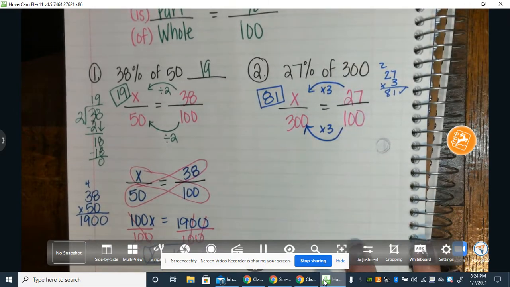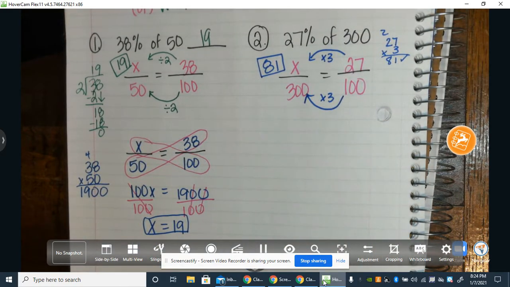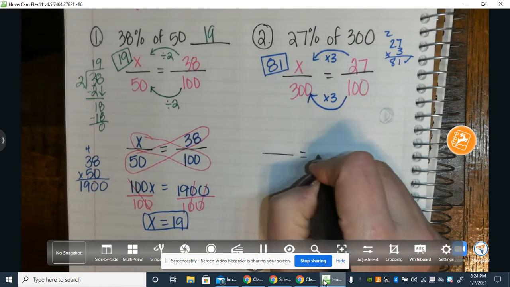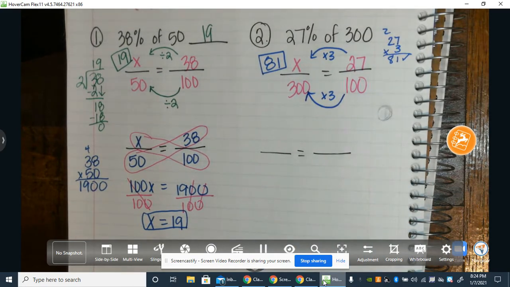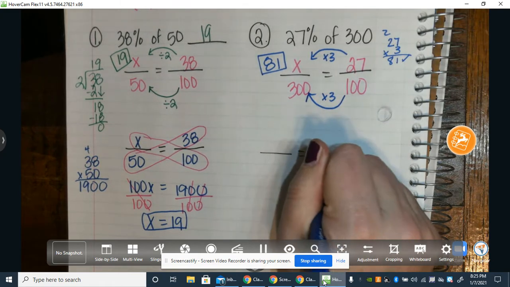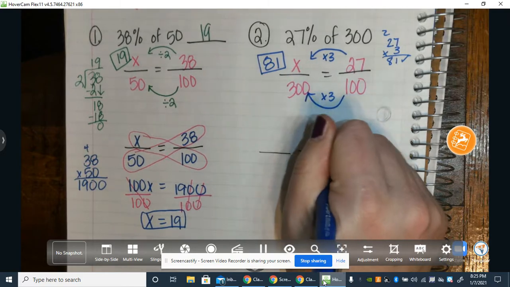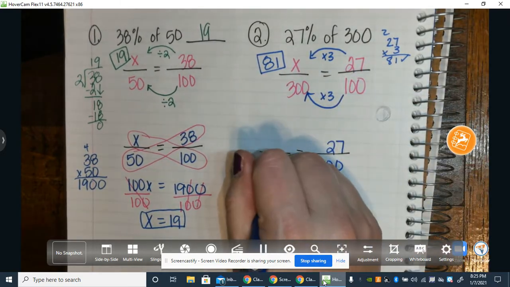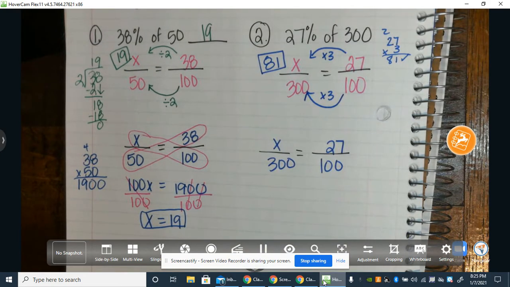Okay, now I'm going to do the cross multiply and divide method and see if it still will come up as 81. So again, I'm starting out, setting up my proportion. I've got 100, always goes in the bottom. 27 goes at the top because 27% of 300 goes right here, and x goes above 300.